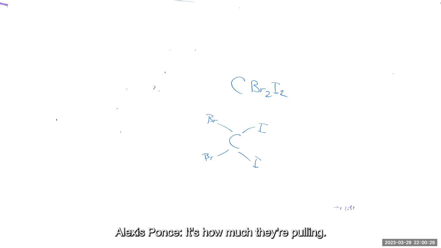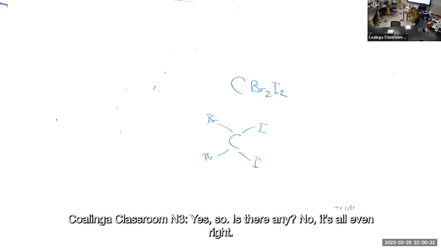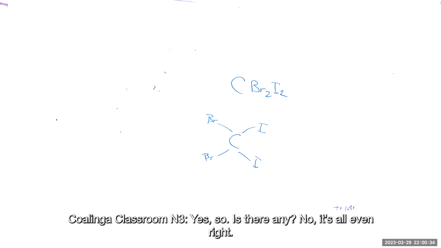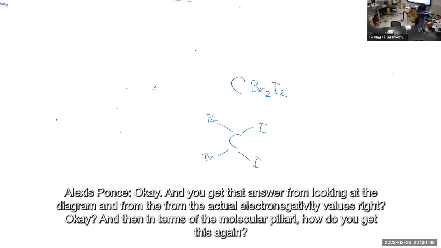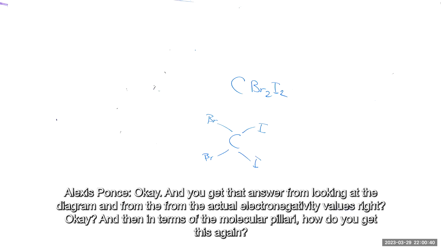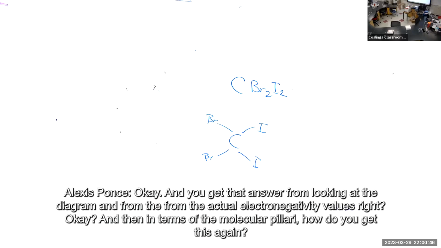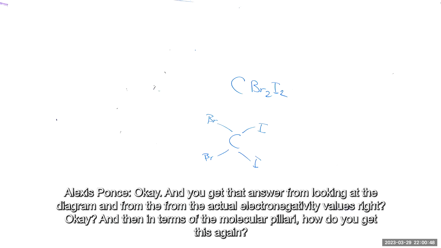It's how much they're pulling? Yes, so is there any pulling? No, it's all even. That's right, so it's symmetrical. You get that answer from looking at the diagram and from the actual electronegativity values. That is correct. And in terms of the molecular polarity, how do you get this again?